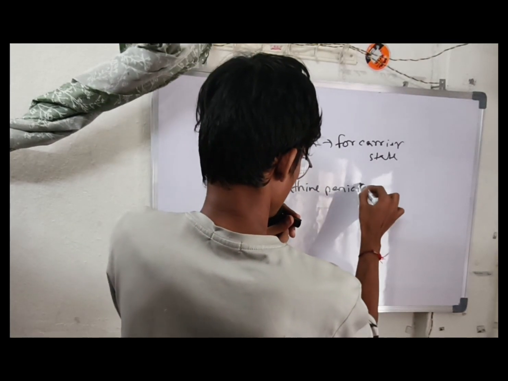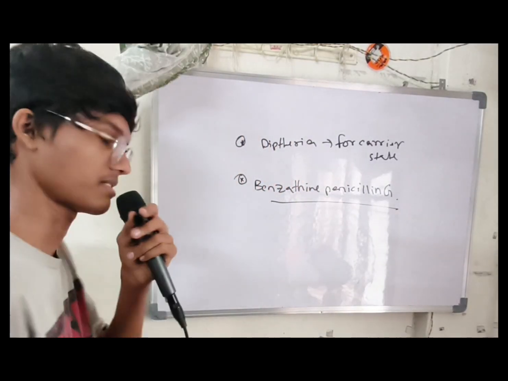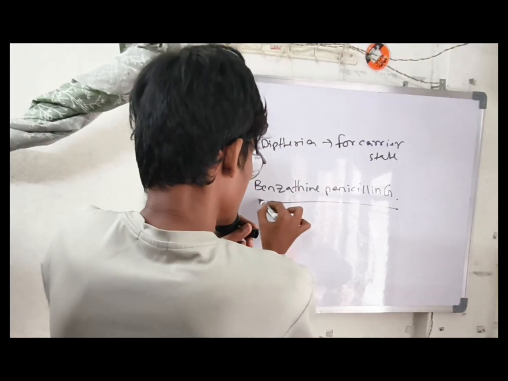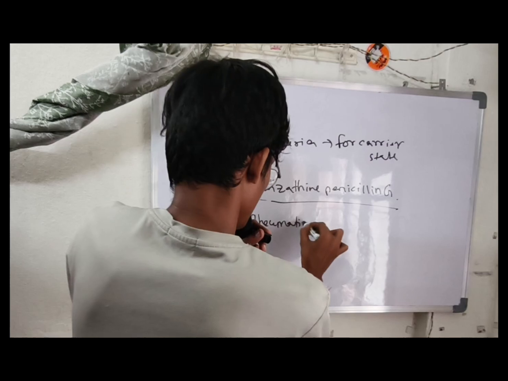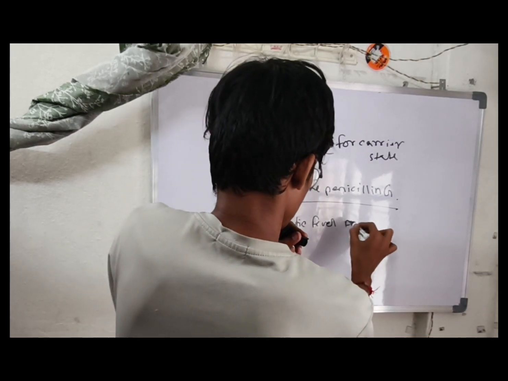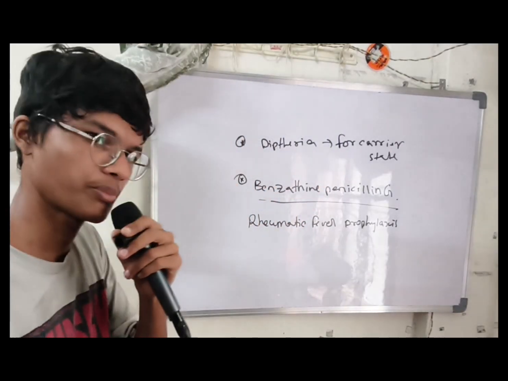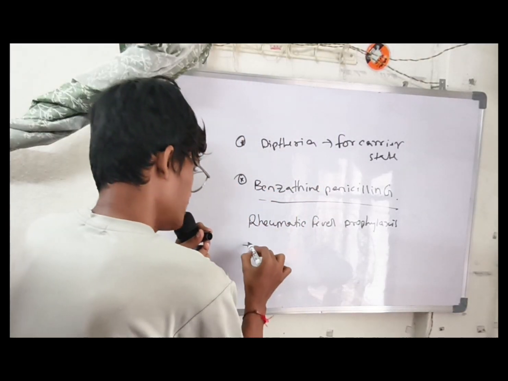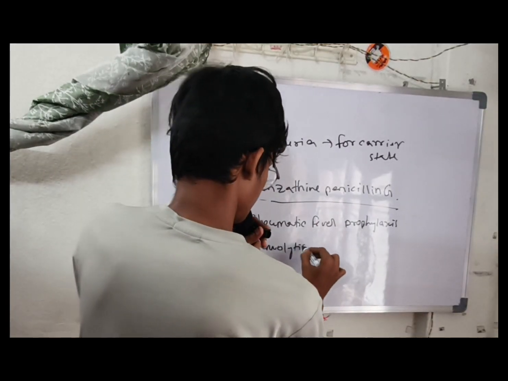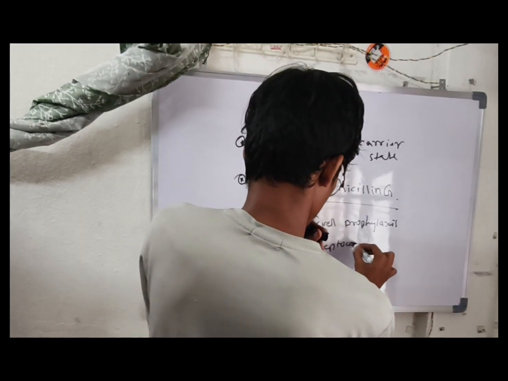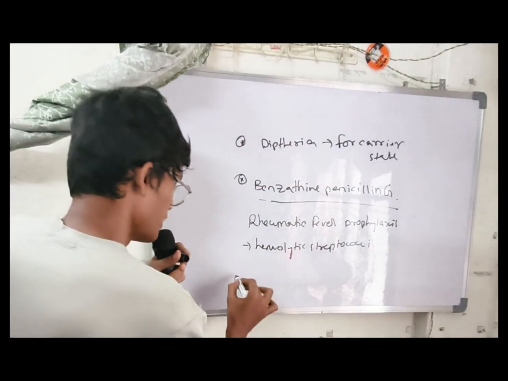And one more is benzathine penicillin G. It is not benzyl penicillin, it is benzathine penicillin G. We can use it for rheumatic fever prophylaxis. It prevents hemolytic streptococci from colonization.